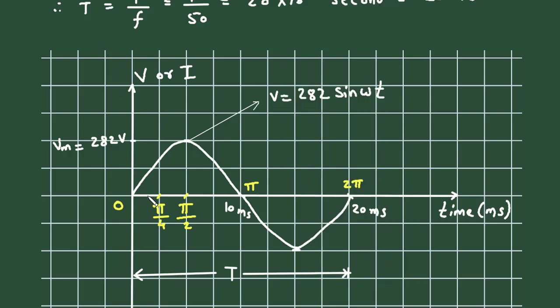So pi by 8 will be somewhere here, and pi by 6 will be somewhere here. So the waveform will look like this. This is the waveform for current.